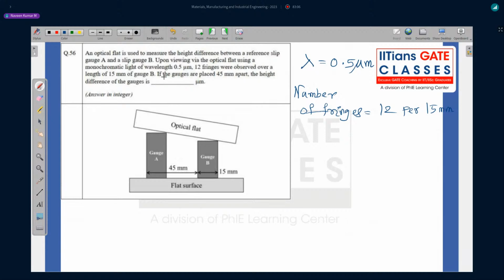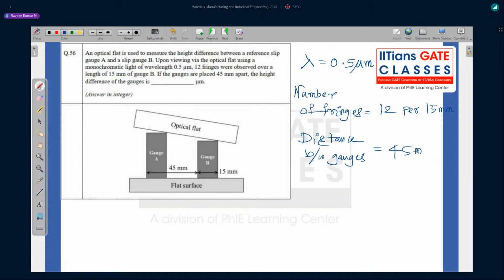Okay. If the gauges are placed 45 millimeters apart, so the distance between gauges is equal to 45 mm. The distance between gauges is 45 mm.